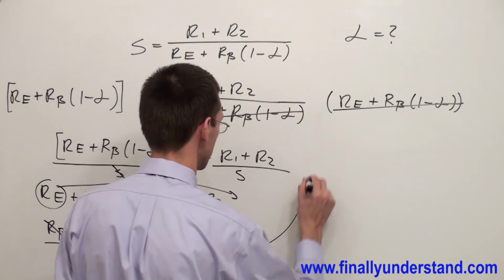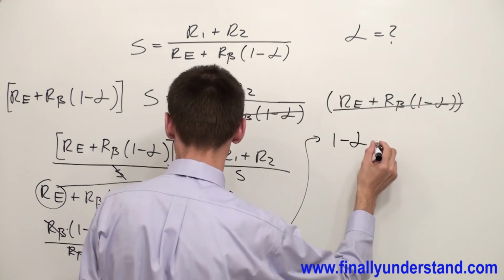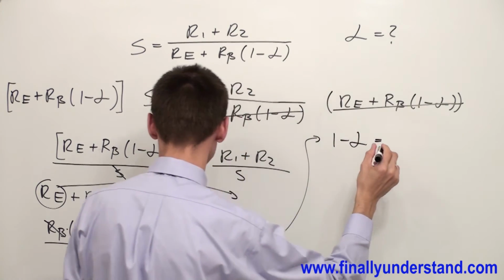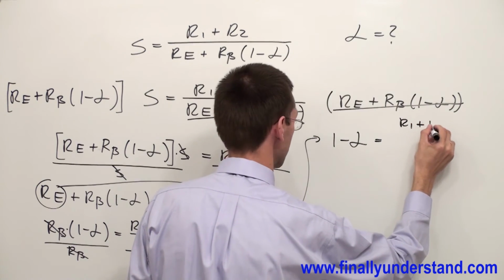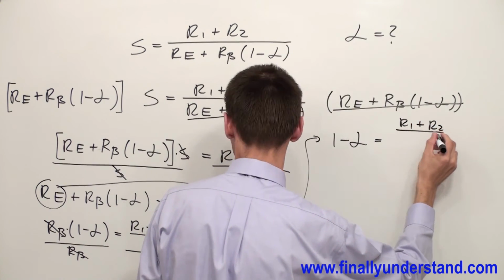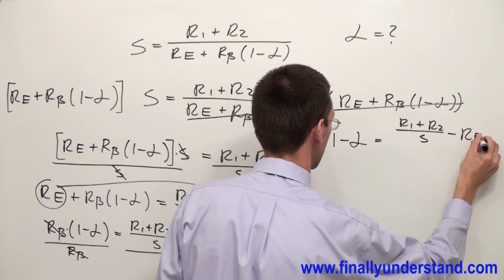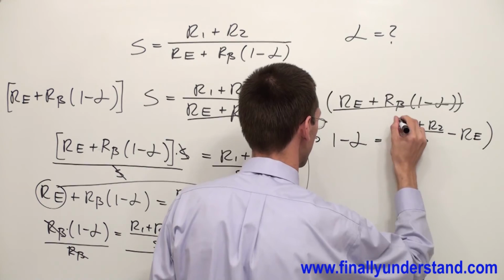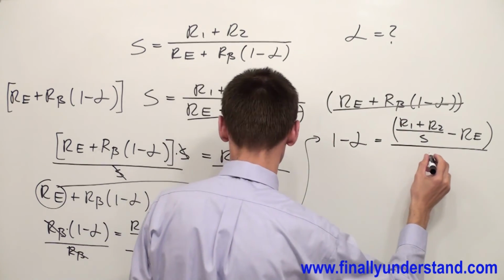Let's take a look at what I'm going to have this time. I'm going to have 1 minus alpha equals (R1 plus R2 over S minus Re), I can put this inside of the parentheses, over Rb.